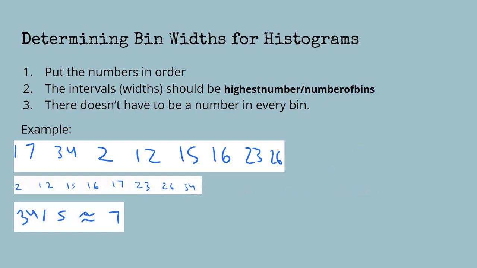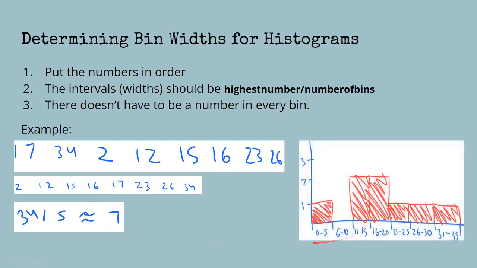And I just realized something. I accidentally did this backwards. So pretend like we want 7 bins, then it would be about 5. So each interval is going to be 5, 0 to 5, just like before. So then we make it. So we see there's 7 different bins: 1, 2, 3, 4, 5, 6, 7. Because like I said, I did this backwards.